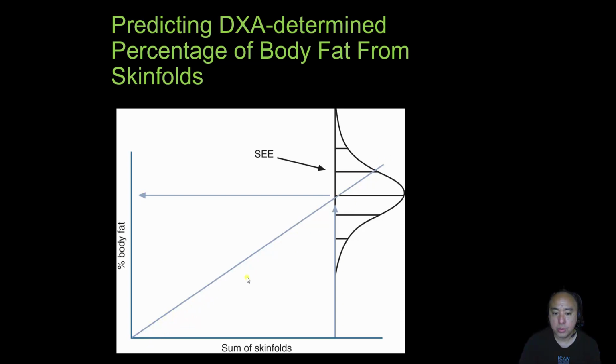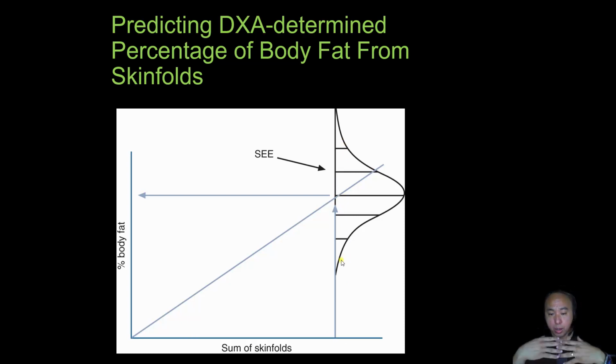I just have a line here, which obviously indicates that there is a positive relationship. And so someone with a particular sum of skin folds would be predicted to have a percentage of body fat. And if I were to collect data on all of those participants who have the same sum of skin folds, some of them will be over and some will be under that predicted percentage of body fat.